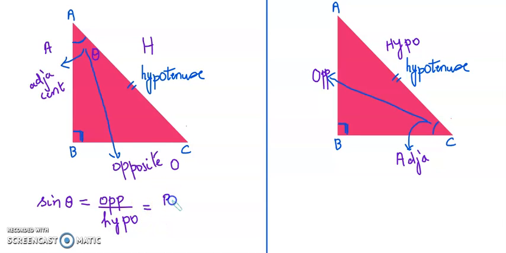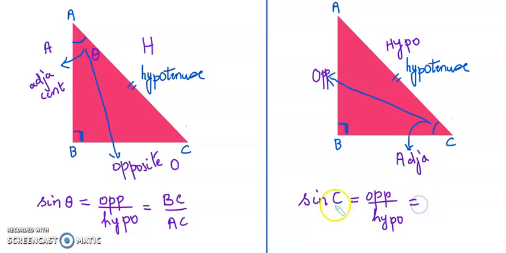In this case, the opposite side is BC and the hypotenuse is AC. Similarly, for this triangle, sine C, because I'm taking C, again the same rule, opposite upon hypotenuse. The side opposite to angle C is AB upon AC. That's the first trigonometric ratio.